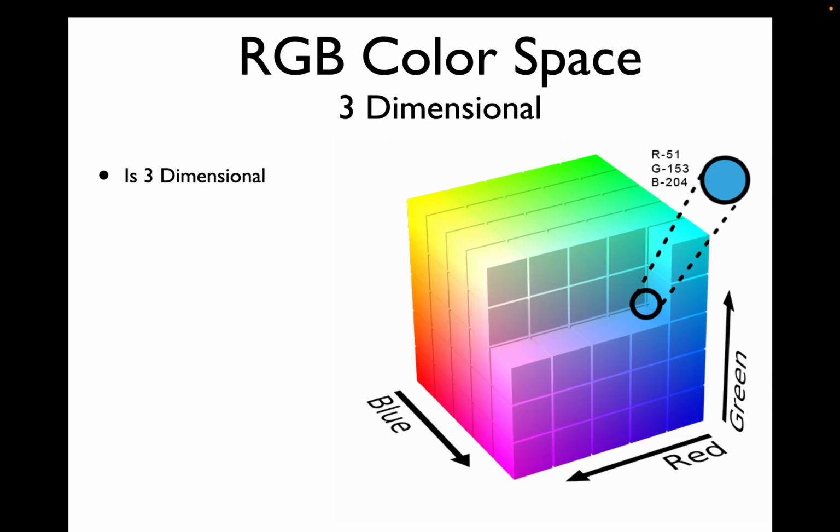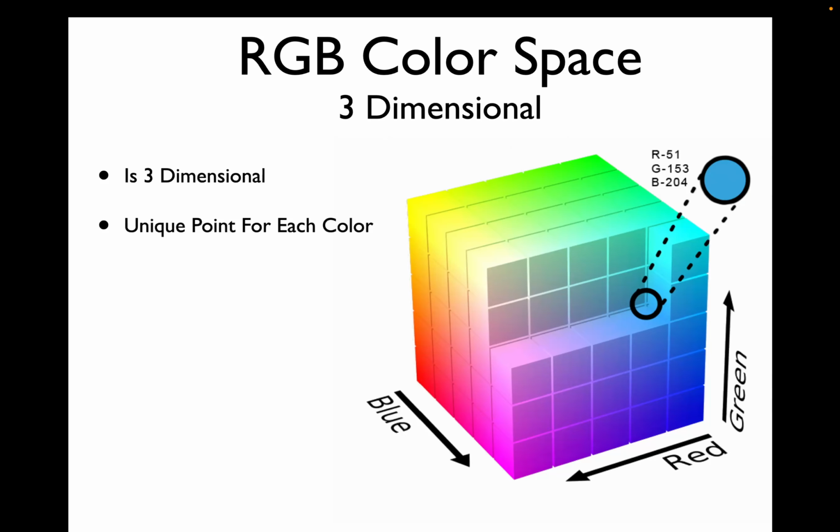But if I say to you, give me 0, 51, 153, 204, your color and my color are exactly the same. Make sense? So we no longer have ambiguous color. That was one of the really magnanimous things that Adobe did with Photoshop, was to really get a handle on color and being able to communicate color.